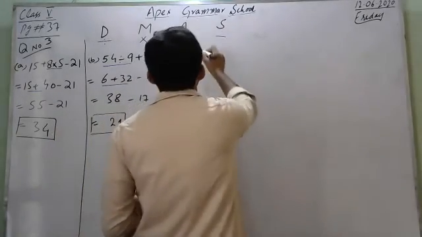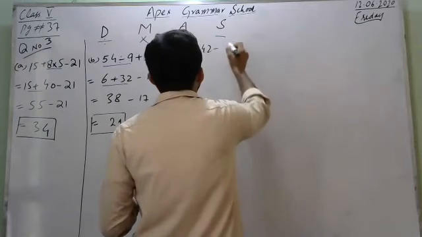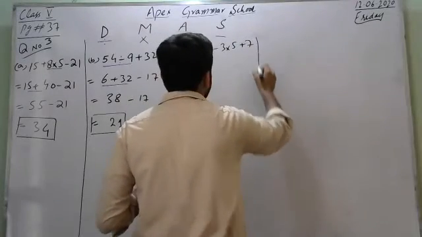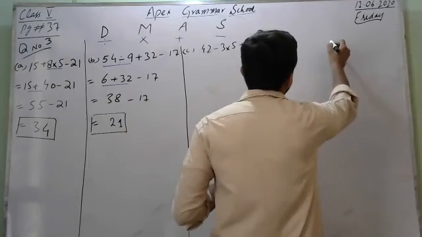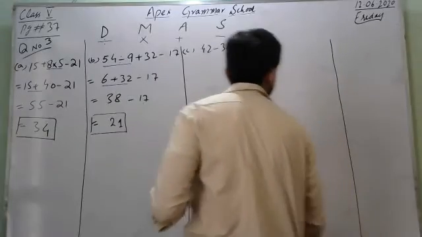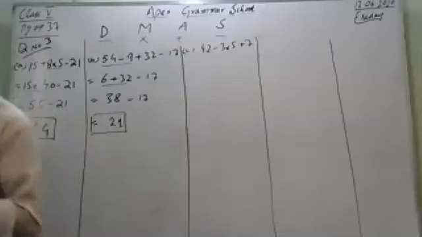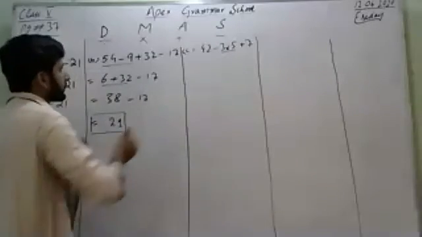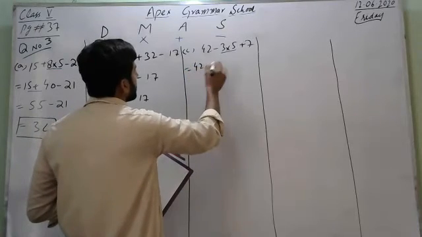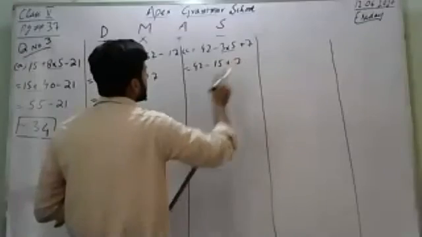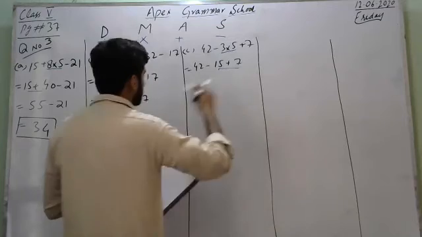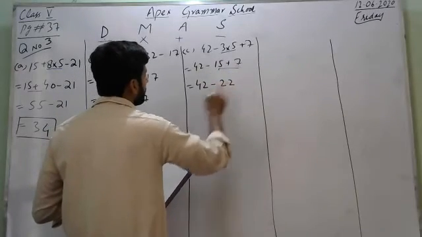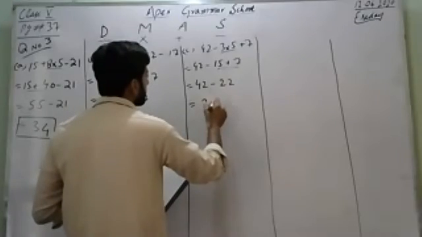C part is 42 minus 3 multiplied by 5 plus 7. 3 times 5 is 15, plus 7. Addition. 15 plus 7, 22. 42 minus 22, answer is 20.